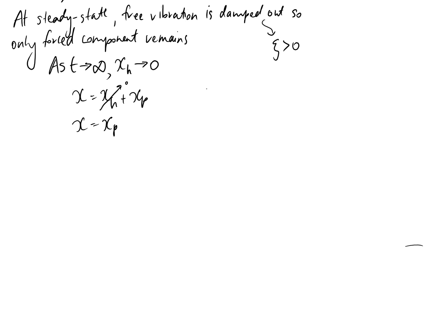And just to give you a little demo of what that looks like on a graph, if we plot X versus time, let's say that we have an underdamped system, so we would expect our motion to look something like this. Vibrates above and below the axis until it is basically 0. So that's going to be our XH part. And let's say we have a sine input function.